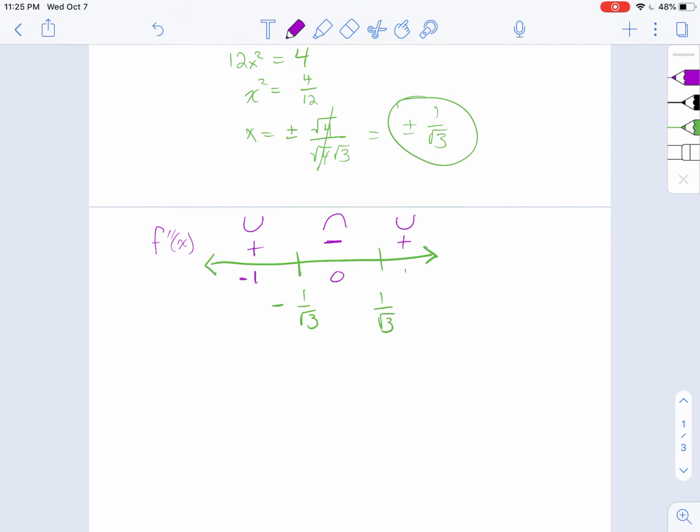To make this short, I'm not going to write them out, but the intervals of concavity would be concave up from -infinity to -1 over root 3, concave up from 1 over root 3 to positive infinity, and concave down in the middle. And you'd have an inflection point at x equals -1 over root 3, and another one at x equals 1 over root 3.